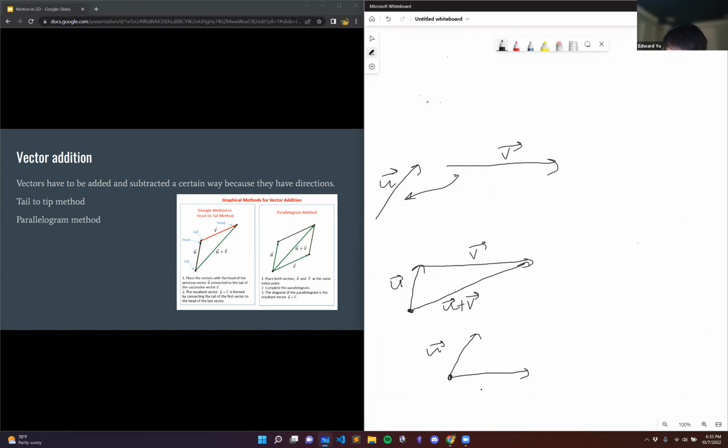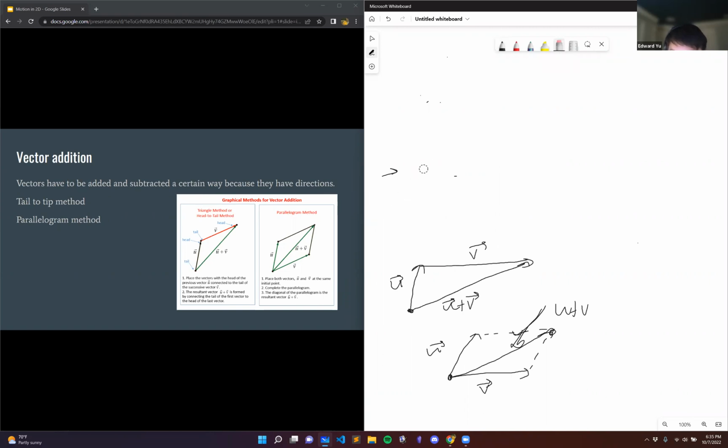Now that you have these two, you can draw the rest of the parallelogram, so it would be like this. And then the sum would just be the diagonal from this point to this point. So this would just be u plus v, this one right here. So those are two methods to find addition of vectors.